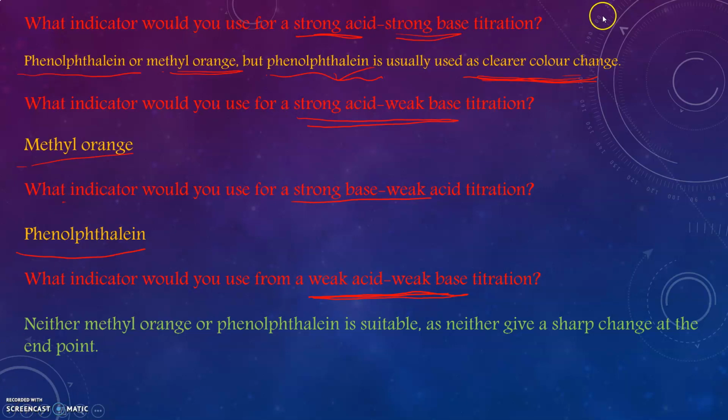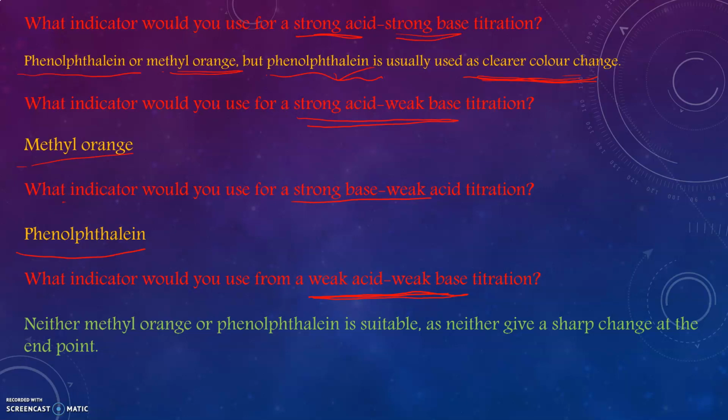So again, just to summarize, you have 4 different types of titrations, and for each of them you need a suitable indicator which shows a clear change of color at the endpoint, and the endpoint should be equal to the equivalence point.